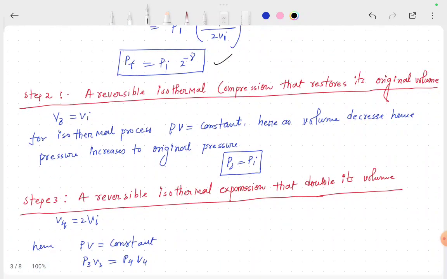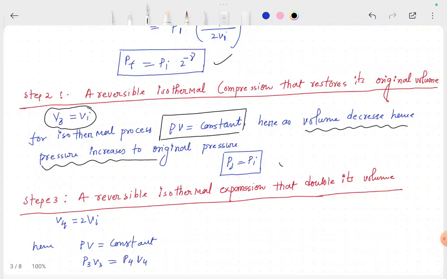Next is a reversible isothermal compression that restores its original volume, so V3 equals the initial volume. For an isothermal process, PV equals constant, hence as the volume decreases, the pressure increases to the original pressure. So in step 2, P3 equals Pi.